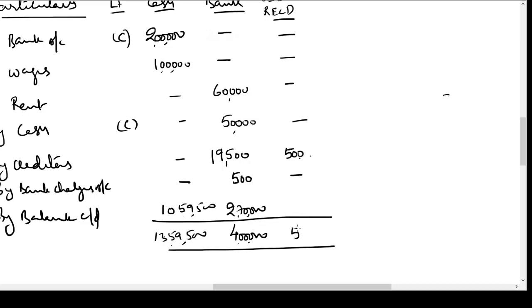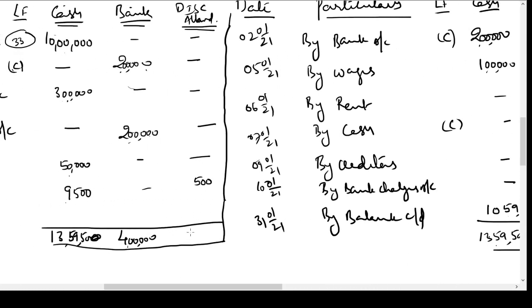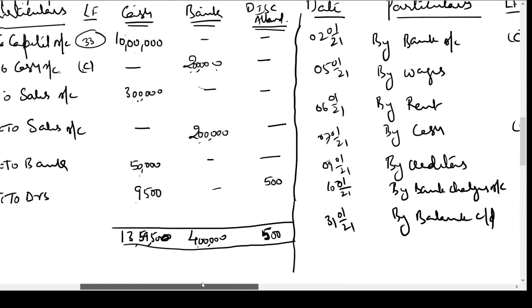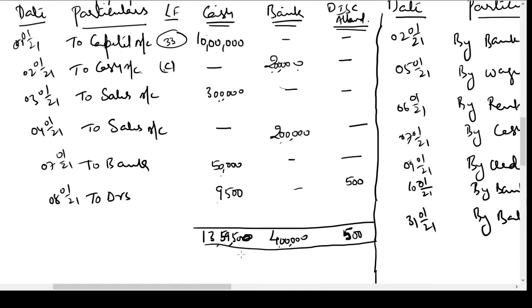Discount received and discount allowed are not balanced. They will be carried forward automatically to the next month. Okay, we will not say the balance is 0. We have totaled it and put it here. Okay, now in the next month, how will we show it? Let us carry it forward. On 1st February 21, we'll write here to balance brought down.